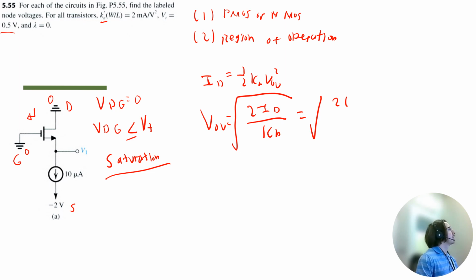The drain current here is 10 microamps, so we're going to do 10 times 10 to the negative 6 amps divided by 2 times 10 to the negative 3 amps per volt squared.